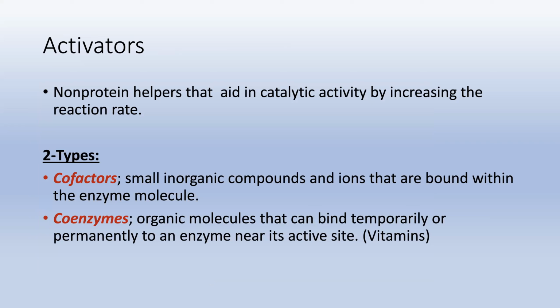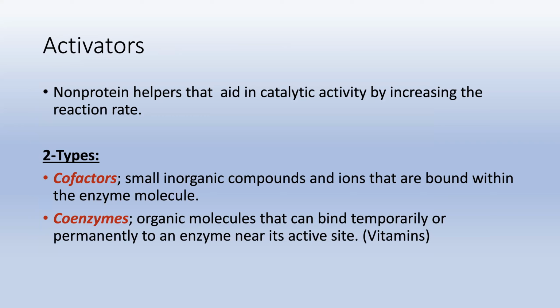So another factor that can affect enzyme function are what we call activators. Activators are your non-protein helpers that basically aid in that catalytic activity by increasing your reaction rate.